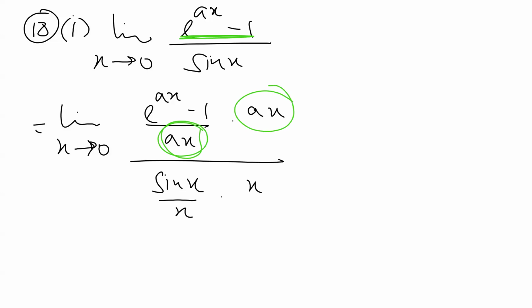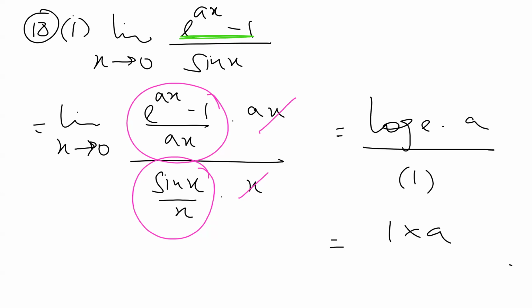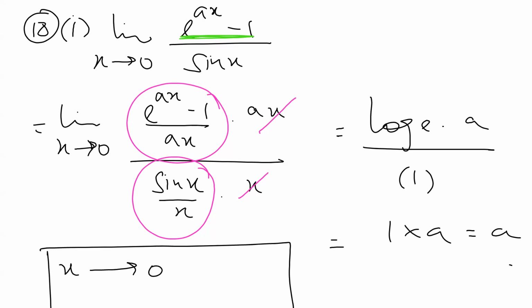I hope you're understanding the difference. X will get cancelled. Formula application. Log e into a upon 1, 1 into a, which is a. X approaches 0, so ax will also approach 0.